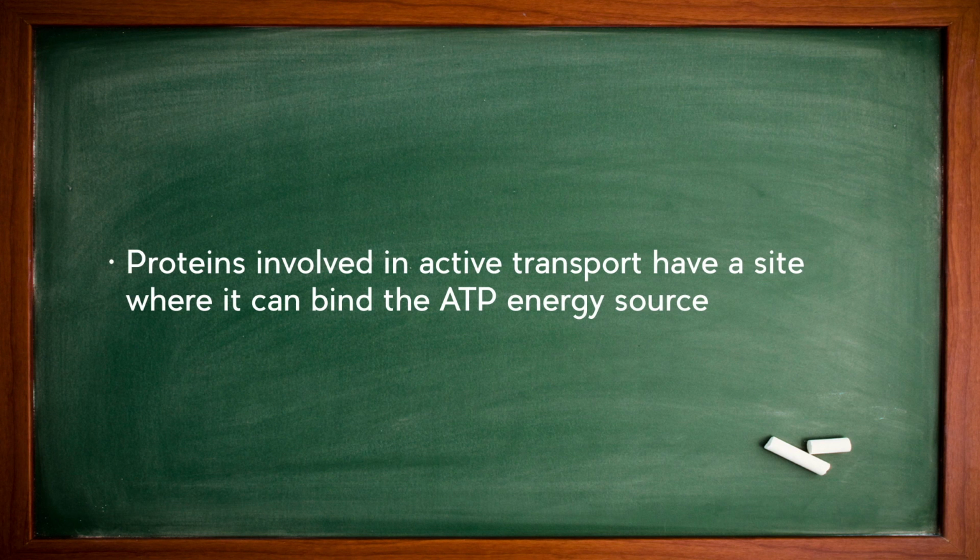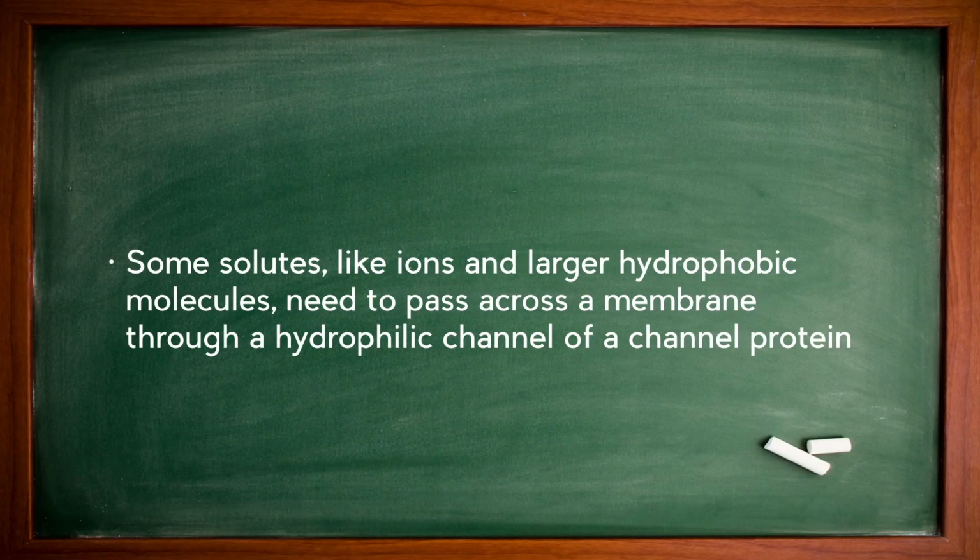bind ATP. So having done a basic description, I think I would now move on to an explanation and begin by explaining that some solutes, like ions and larger hydrophobic molecules, can't cross the membrane directly, and so they need to go through a channel, so the hydrophilic channel of that channel protein.